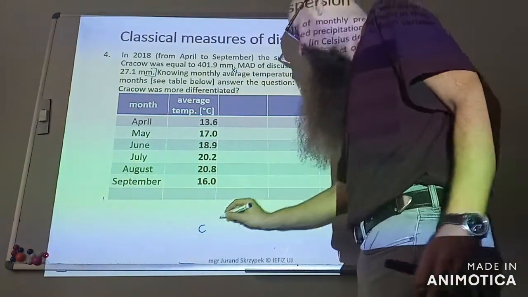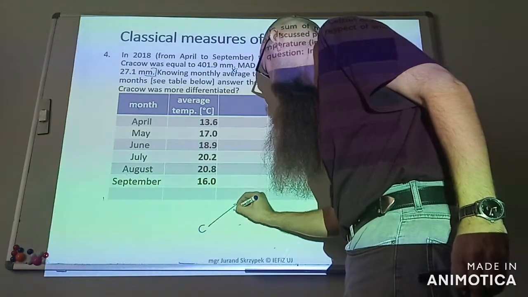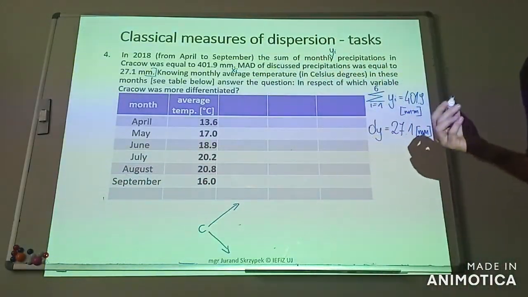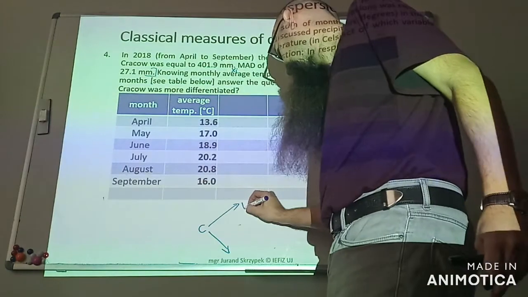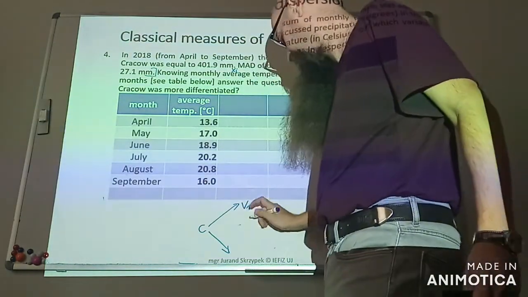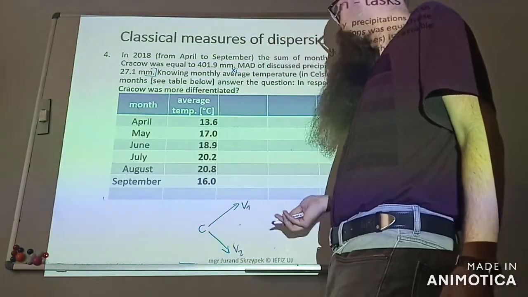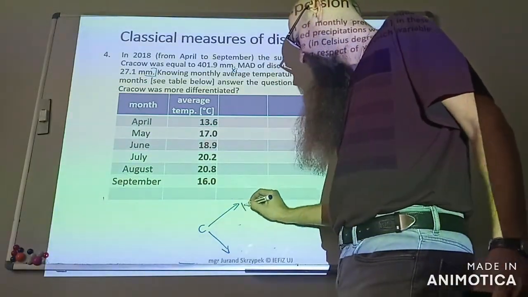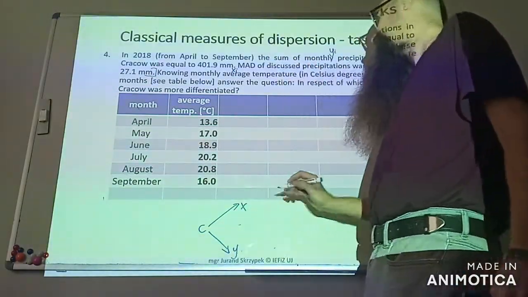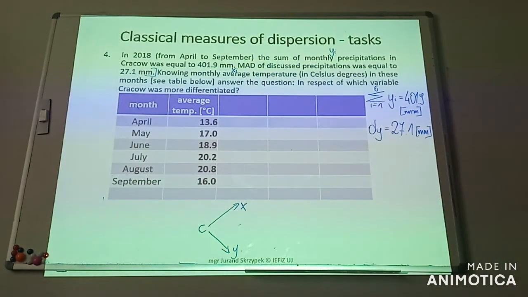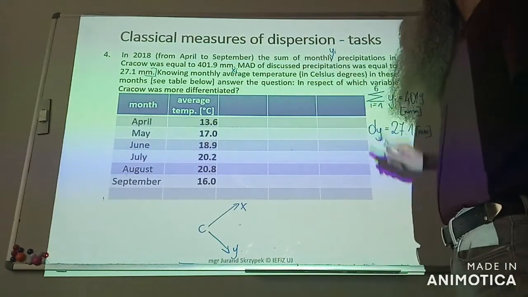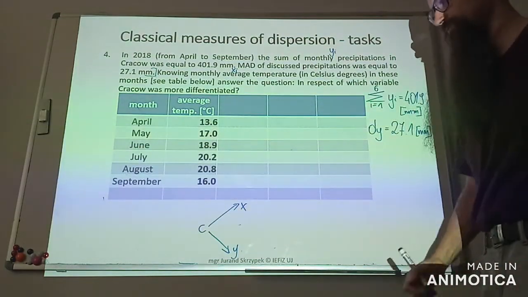So we can describe our town by two variables, variable x and variable y. X is monthly average temperature, y is the sum of monthly precipitations.